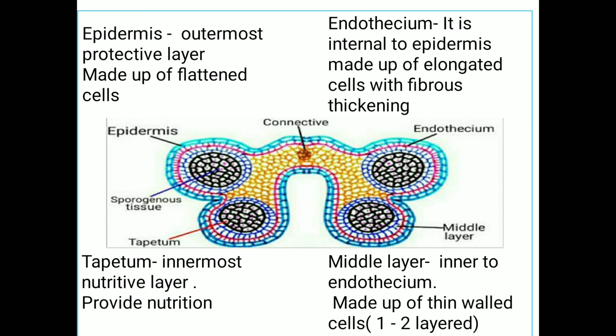The cells of the tapetum are larger in size and contain dense cytoplasm. The tapetum provides nutrition to the sporogenous tissue and developing microspores, and it also contributes to the formation of the outermost layer of the pollen grain, that is the exine.